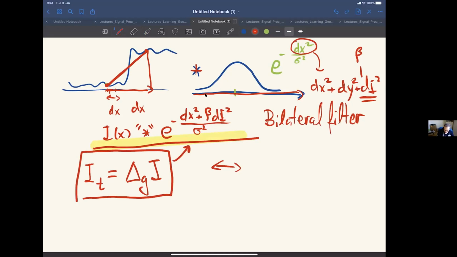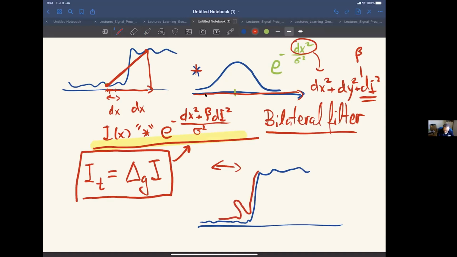So looking at the bilateral filter from a differential point of view, let's look at an image again. And I have 3 minutes. So I have my image. And now I'm looking at the local way of averaging this image with itself. So I'm looking at the Gaussian, and the tail of the Gaussian is not restricted to the x direction, but rather to the image manifold. Then what I'm doing is in fact that.